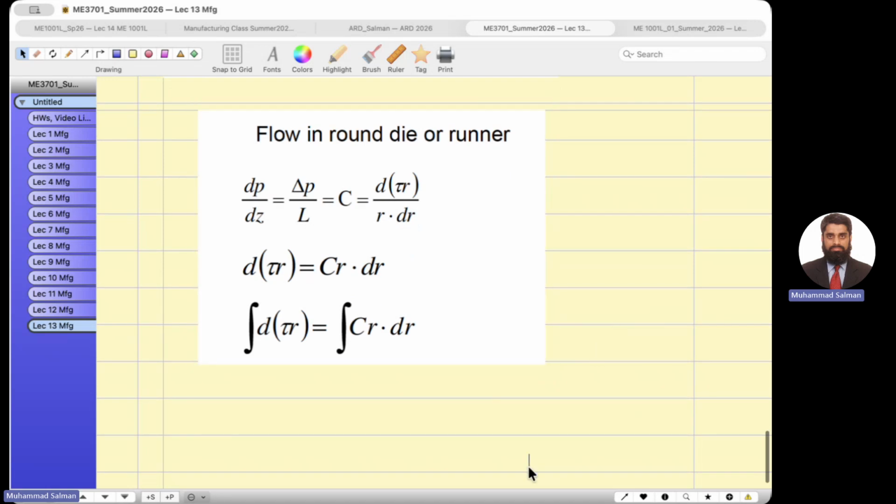dP over dz is for the screw side. This is on the screw side, and this is on the die side.